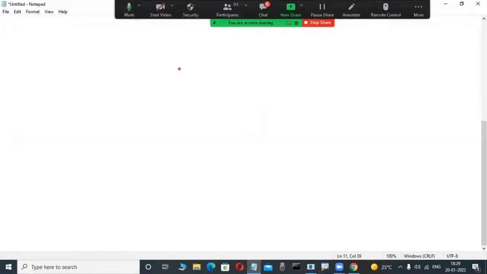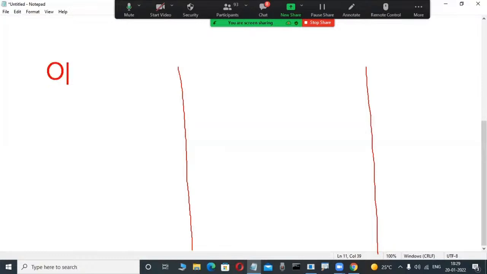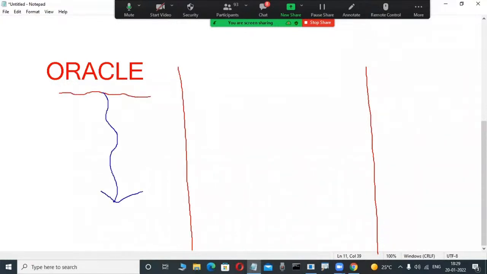I am working in a company. I am working on Oracle projects. Oracle is a relational database product. If I want to operate this relational database product, I use SQL, which is a language. Observe here, SQL is a language I am using.